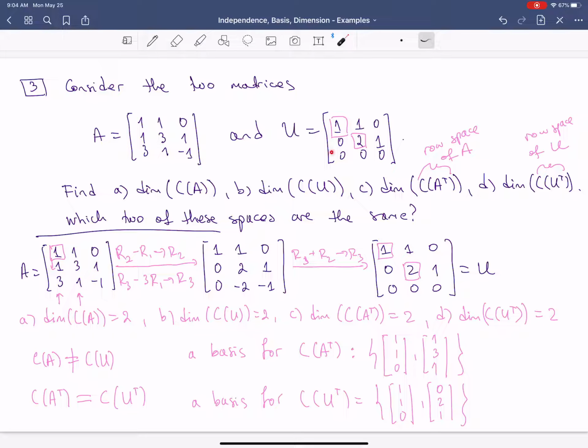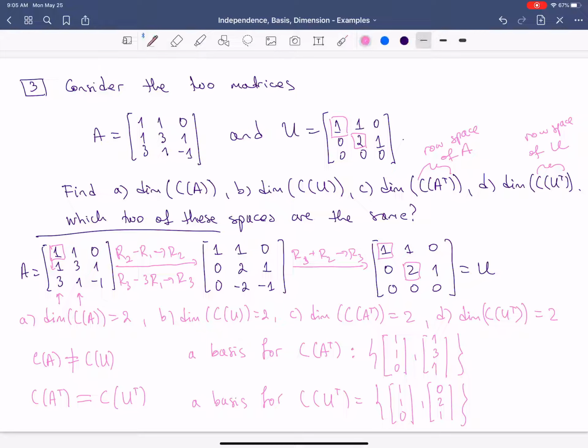Well, the rows do have a non-zero third component, so I could make many vectors with a non-zero third component, but there is no way to combine the columns to get a non-zero third component. So definitely the row space and the column space are not the same. They both describe a plane in R3, but not the same plane. So for U, we know that the row space and the column space are not the same.